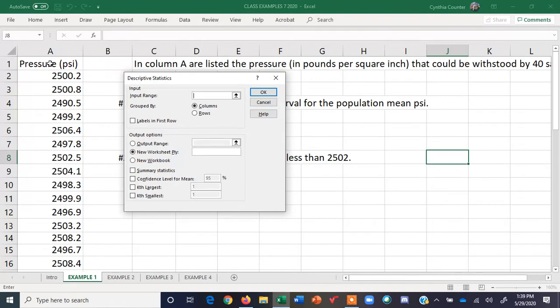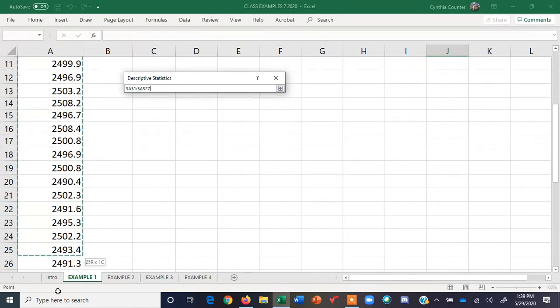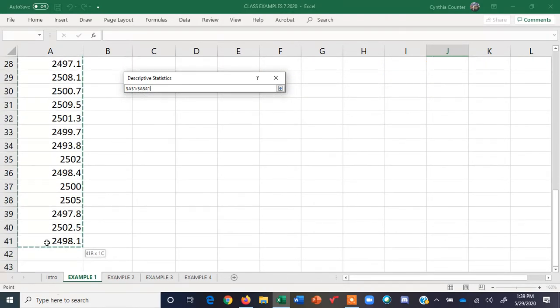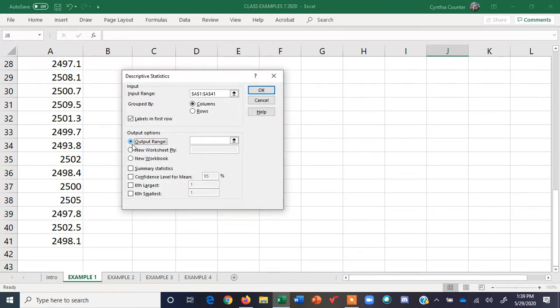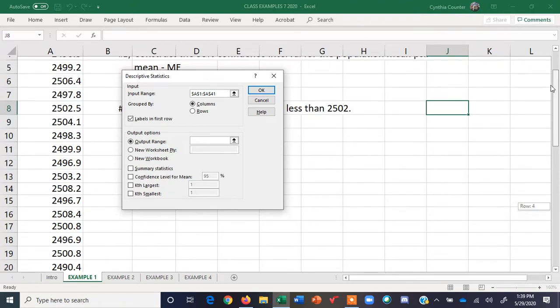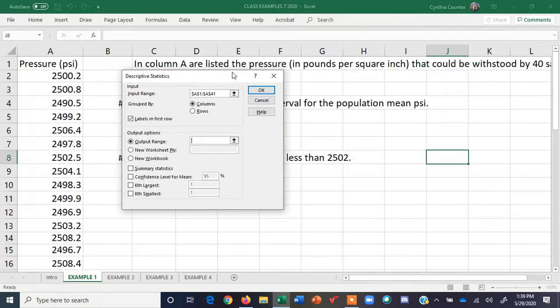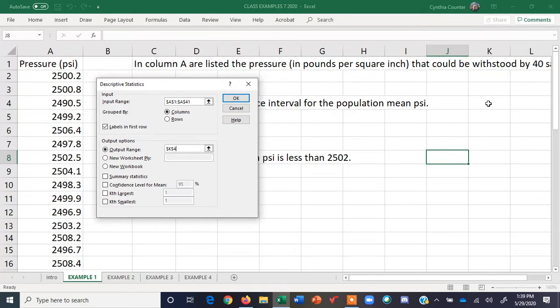I am going to highlight the first cell, which is the label for our data. So that means I need to click this box to indicate my first row is a label and not a data value. I want to output my data on this same worksheet, so all I need to do is click the upper left corner for the output. So I will put that here in K4.